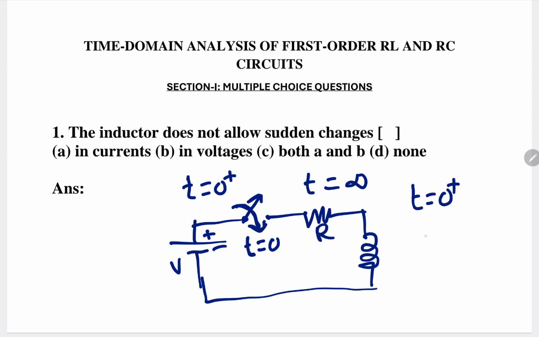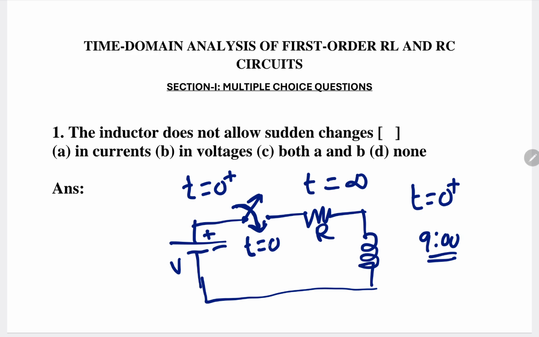Let us say 9 a.m. is one reference time. So 8:59 is before the switching operation, t equal to 0 minus. 9:01 is t equal to 0 plus, after the switching operation. Here switching operation means opening the switch, closing the switch, or moving the switch from one position to the other position.